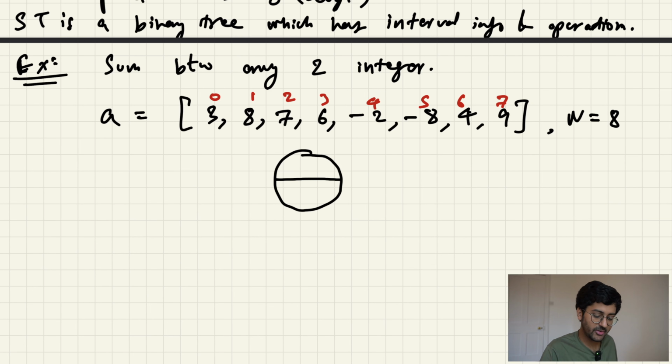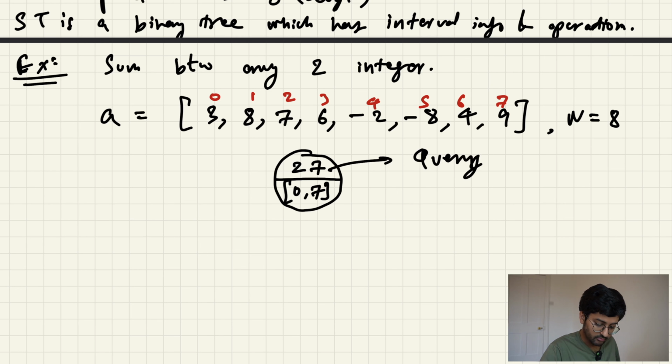Anyway, it's going to contain the interval information, let's say interval 1 and 5, for example, and it's going to contain the answer of that interval, the query on that interval. What is the query on the interval? Sum. So by default, the root node is going to have all the intervals, so interval 0 till 7. What is the sum of all the elements from 0 till 7? If you calculate, it's 27.